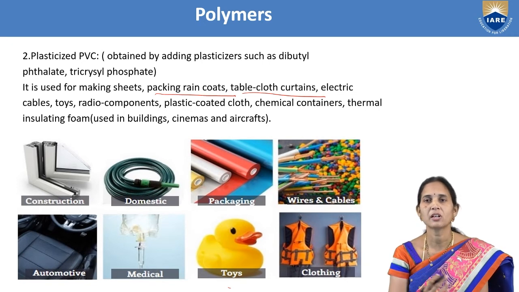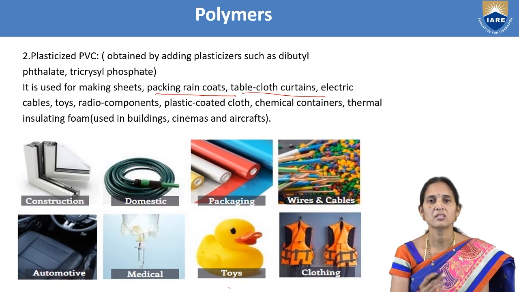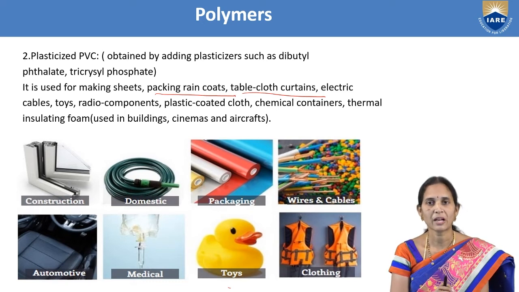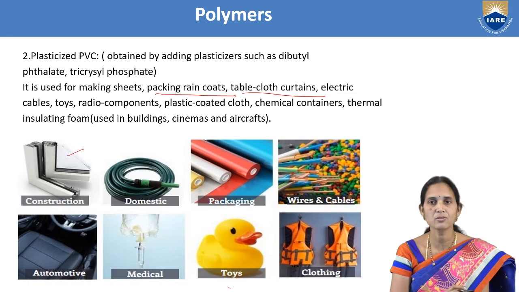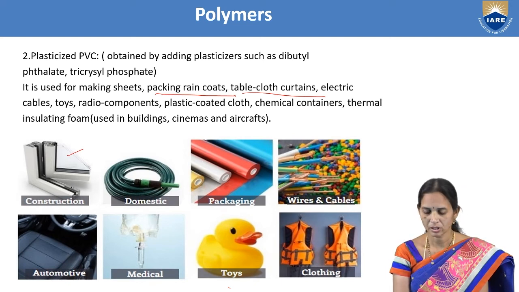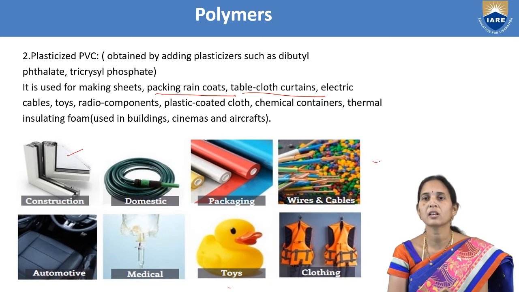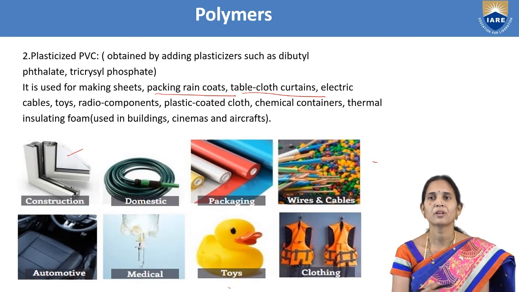For example, plasticized PVC is used for packing, raincoats, tablecloth, curtains, electric cables. In construction also we are using PVC, and for packing, for wires and cables, for vehicles, for medical purposes, and for clothing also.